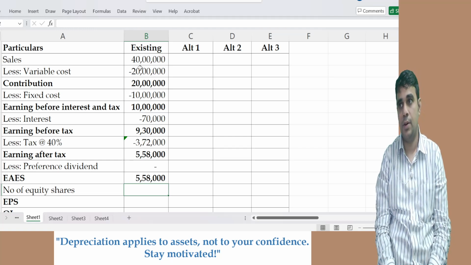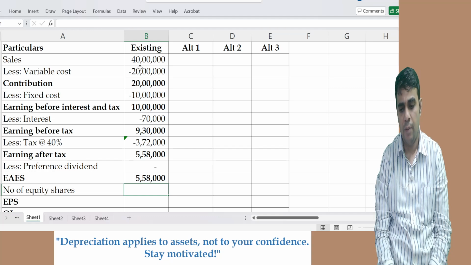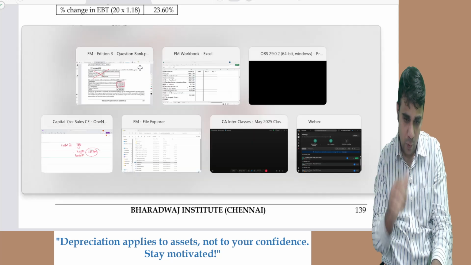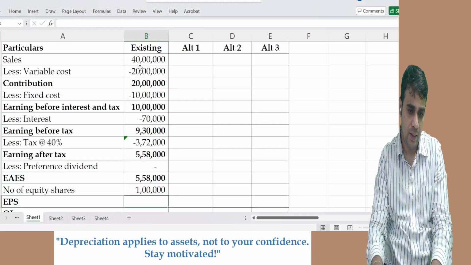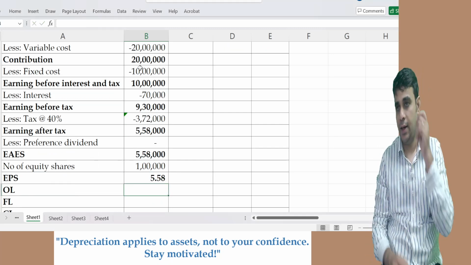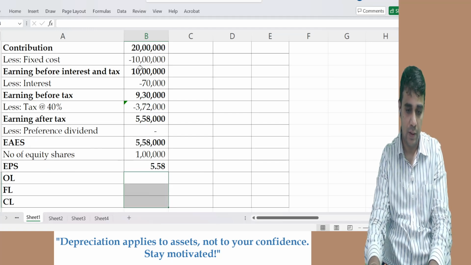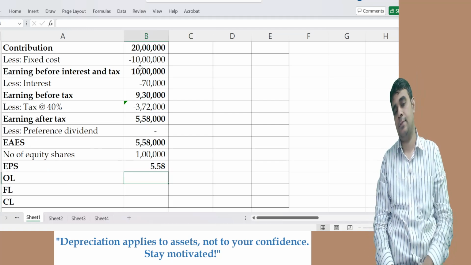Any doubts on the numbers? How many equity shares are there today? 1 lakh. EPS is 5.58. Complete OL, FL, and CL also.